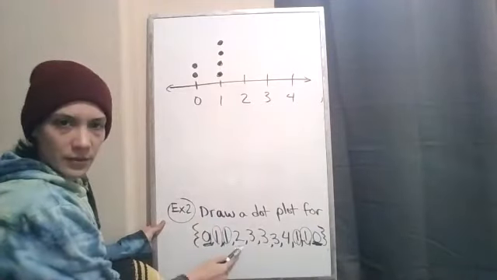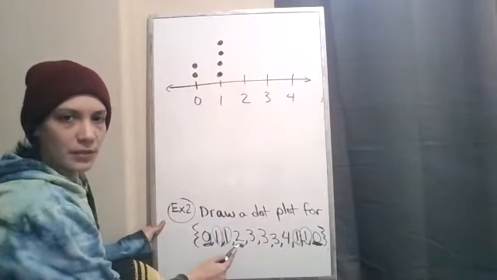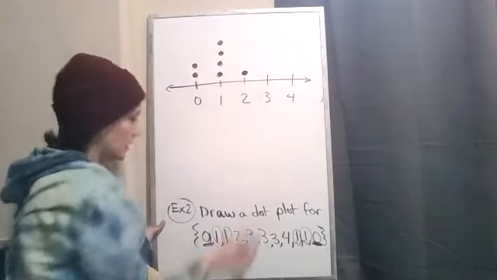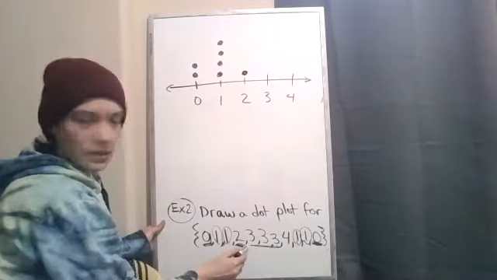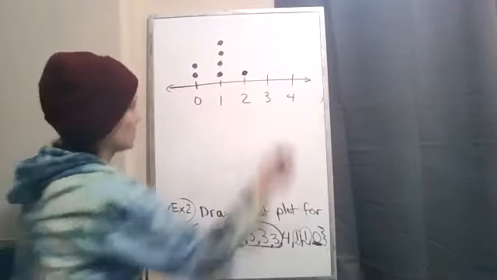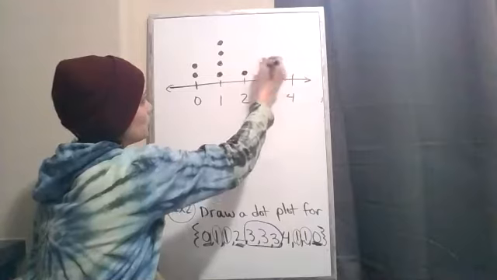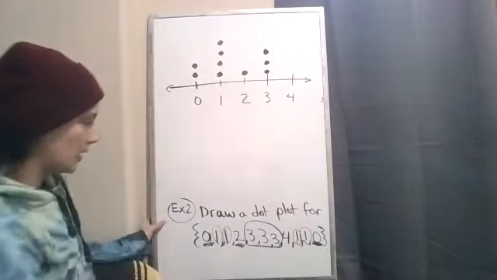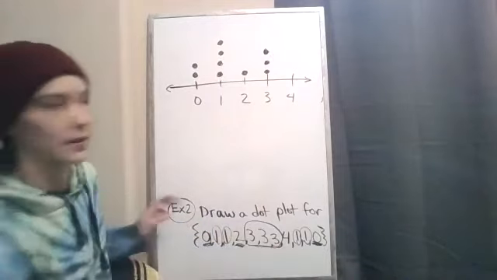I see only one for the number 2, 1 dot above the number 2. And then number 3, there's 3 3s. And 1 dot above 4.